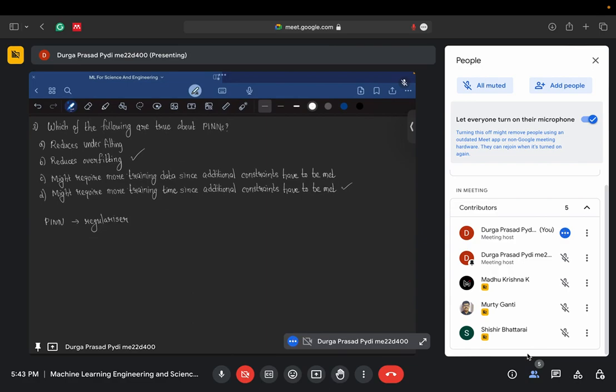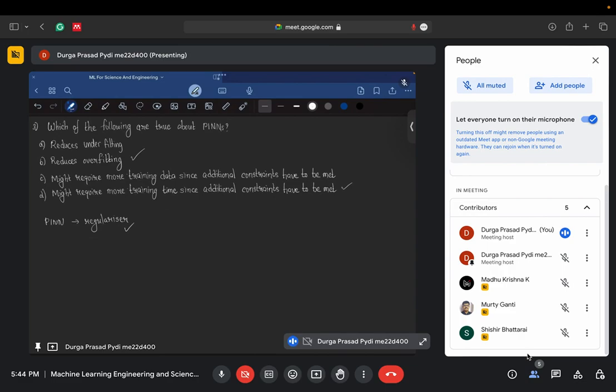Okay, let me ask you this question. If I provide training data to a PINN, will it be helpful or will it actually decrease the performance of PINN? No idea. Okay. So as I said, it's a kind of a regularizer. So even without any training data, you are expecting that PINN to actually work.